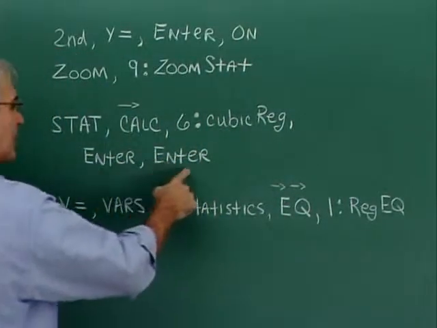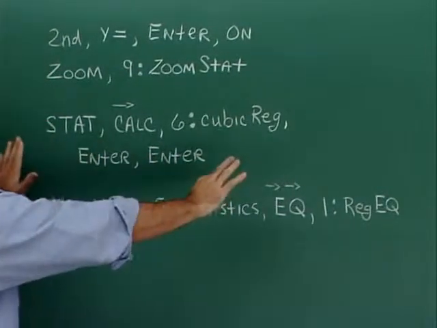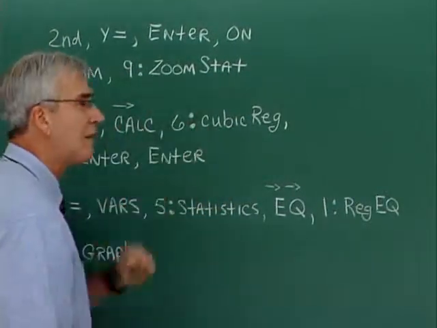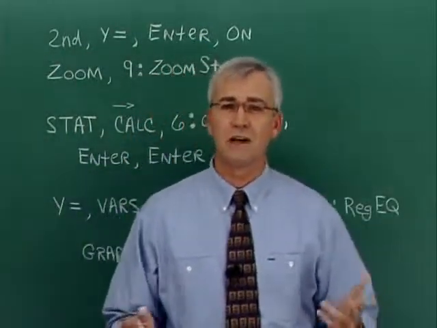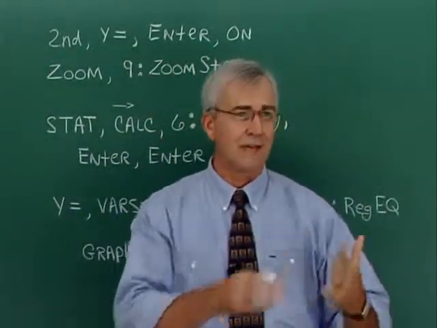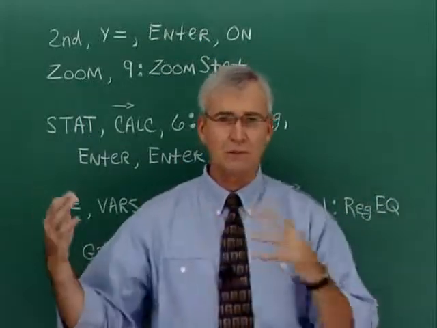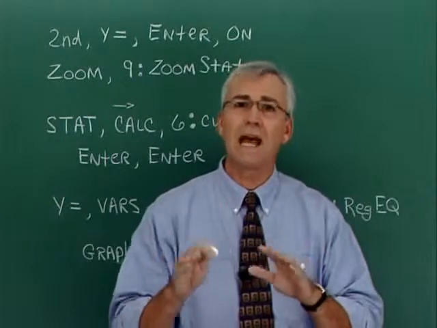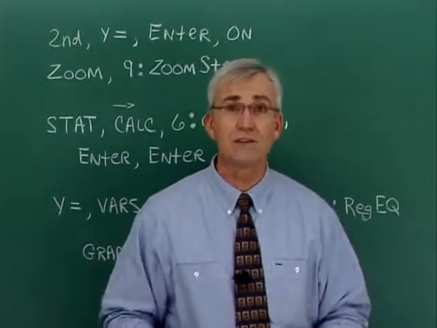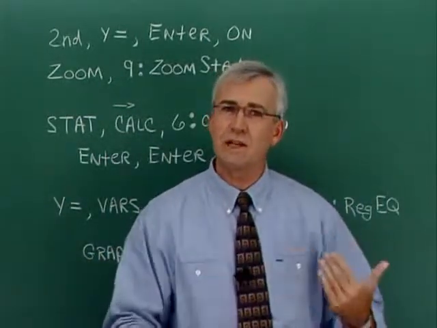Press enter and then enter again, and all of the information about this cubic function comes up. The general form of the cubic function shows up, ax cubed plus bx squared plus cx plus d. And the values for a, b, c, and d are listed there.